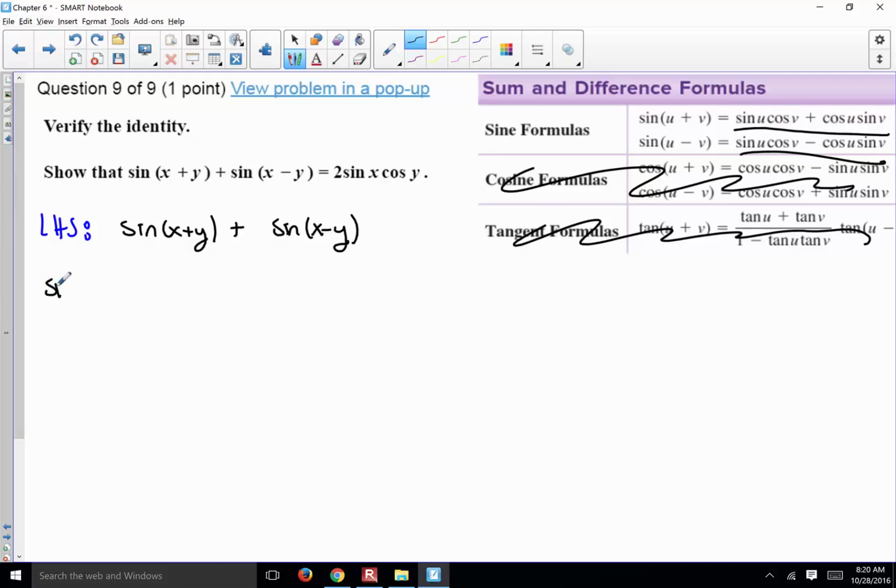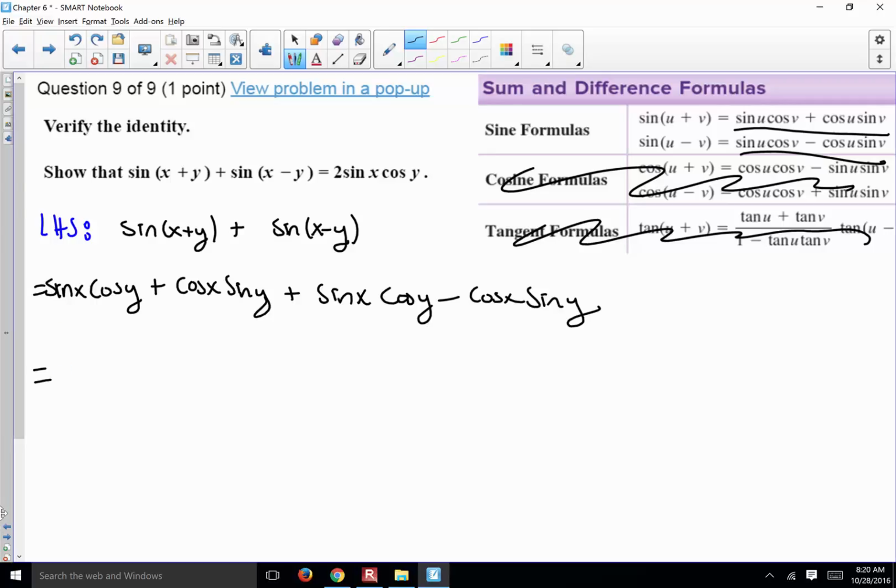So it is sine x cos y plus cos x sine y, the first. Second, sine x cos y minus cos x sine y, right?